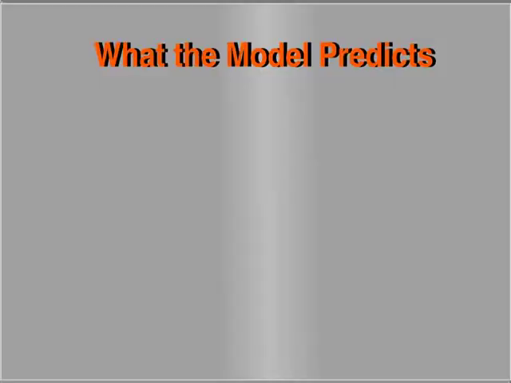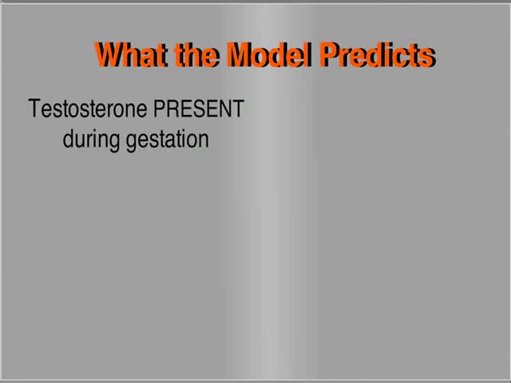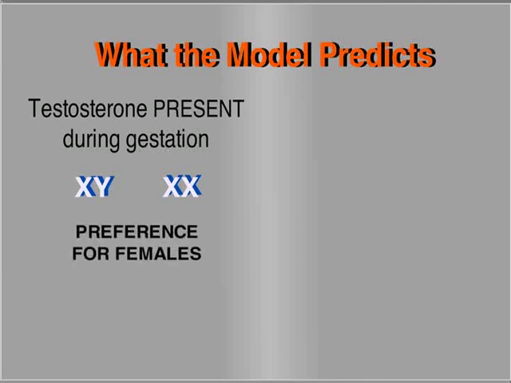So, what does our model predict? Our model predicts that if you have testosterone present during gestation, whether it is a male fetus or a female fetus, then these children will grow up to be adults who are attracted to females.